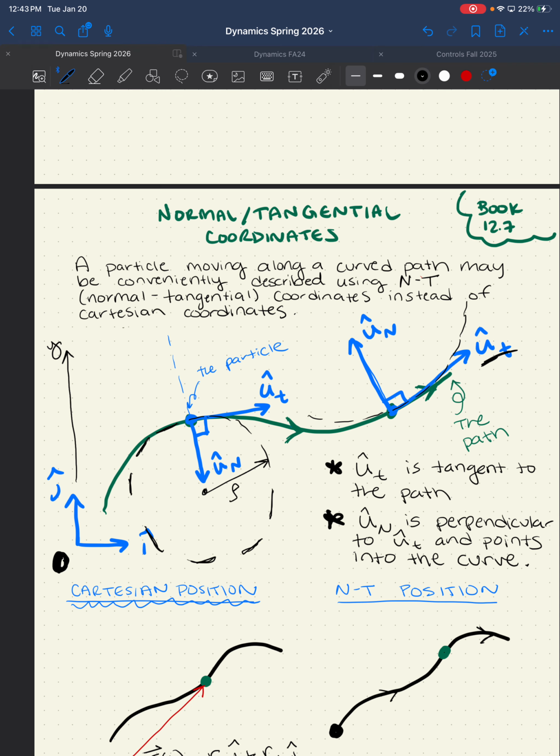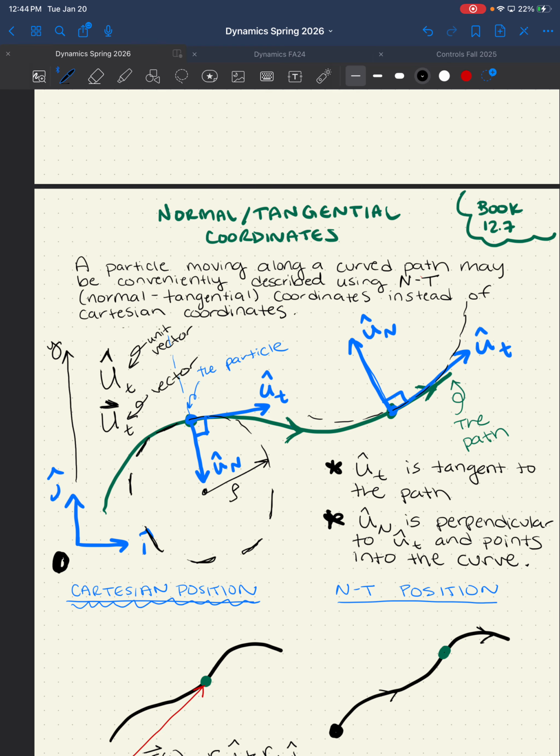If I use this hat instead of, for instance, an arrow bar, this hat denotes a unit vector. This arrow denotes a vector more generally, so its magnitude might be greater or less than 1.